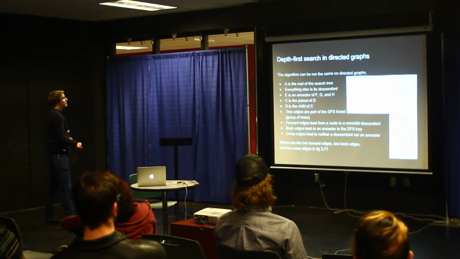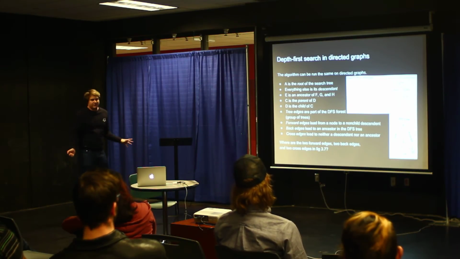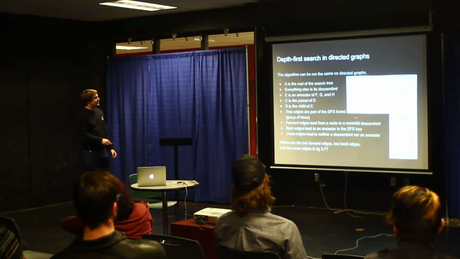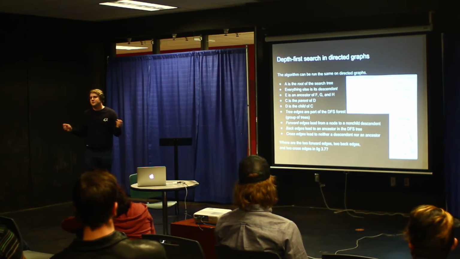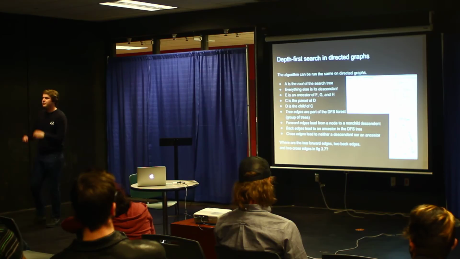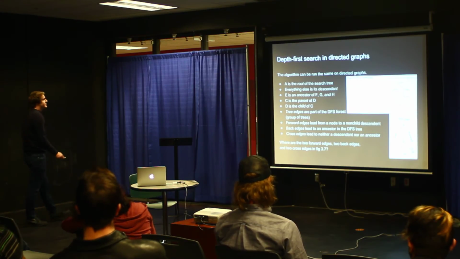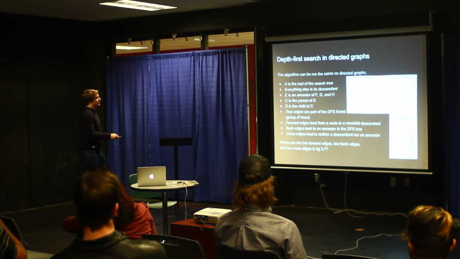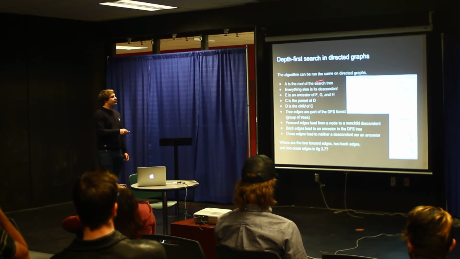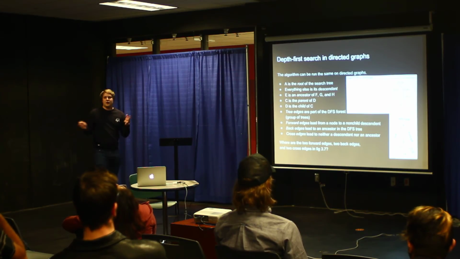So now we're going to be looking at depth first search in directed graphs as opposed to undirected. So you can tell it's directed now because it has a bunch of arrows. So it's going one way or the other, or potentially both. So there's a whole hierarchy of vocabulary associated with directed graphs. So for this particular node, we consider A the root of the search tree, because that's kind of where it starts.